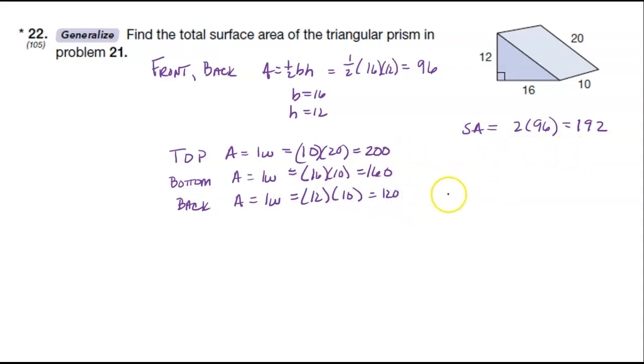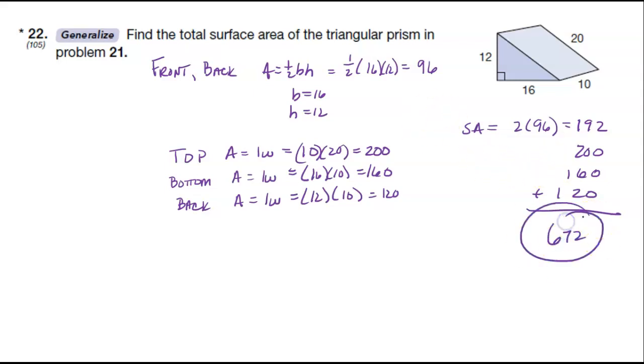Now we need to add all of these up. So this is 200, 160, and 120. Plus 120, plus 160, plus 200. I get 672 for the whole thing.